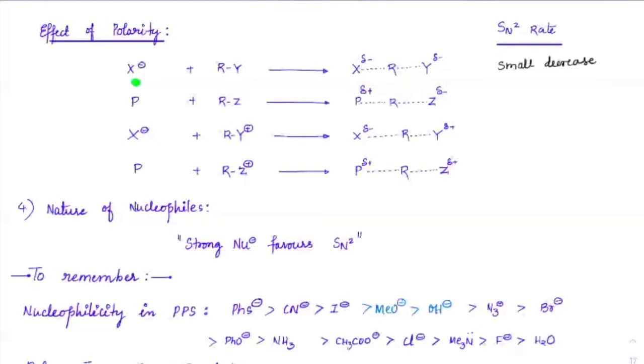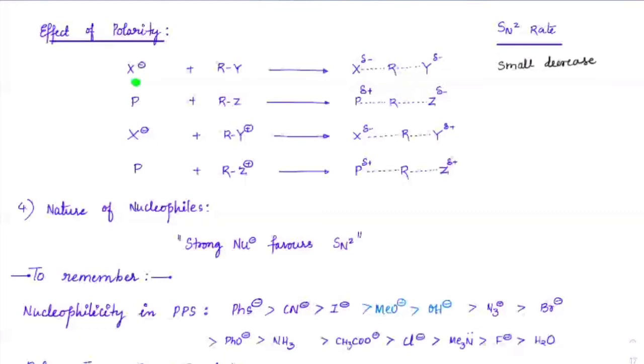Second case: if the nucleophile is neutral, like water, ammonia, these are the nucleophiles we are talking about. So if the neutral nucleophiles are attacking, and then Z minus is leaving, what would happen?